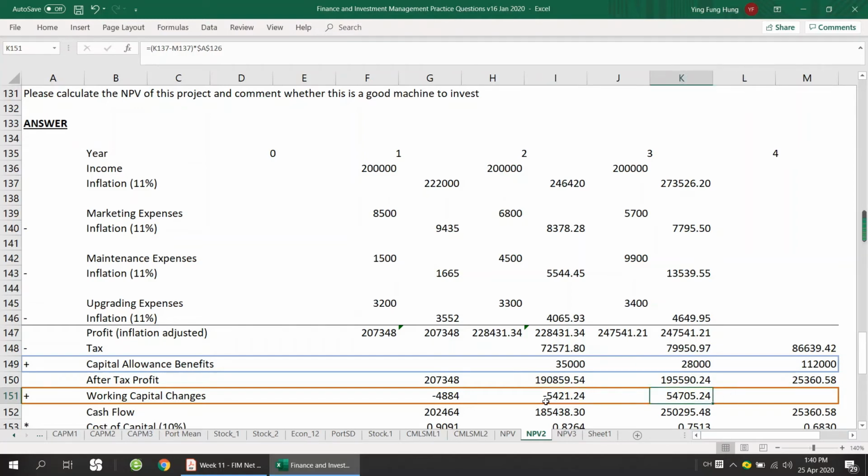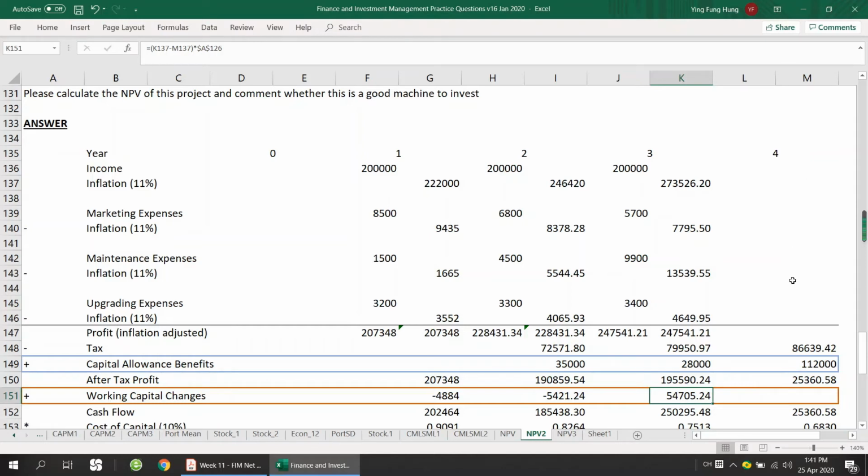For the working capital changes between year 3 and year 4, now this is quite important because during year 4, we are not renting the machine anymore. And in this case, there's no sales in year 4.